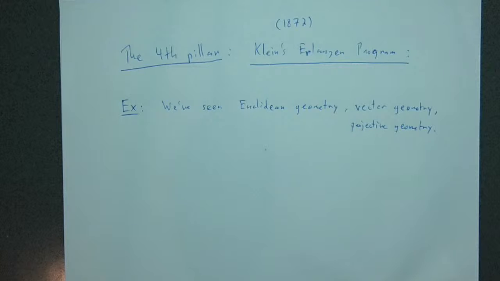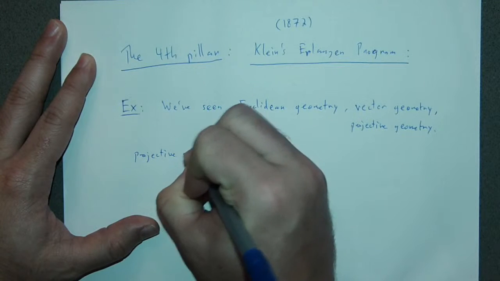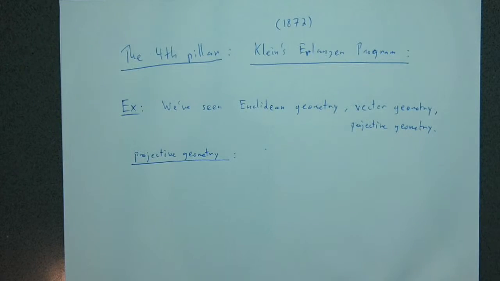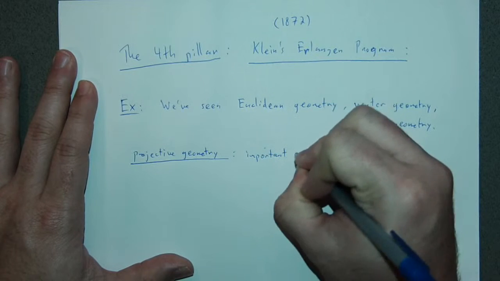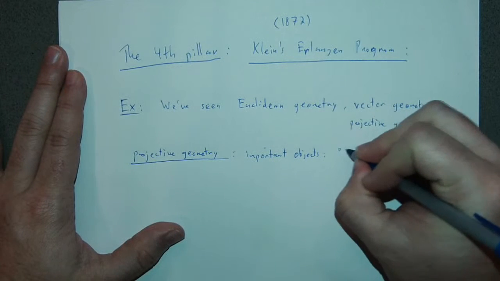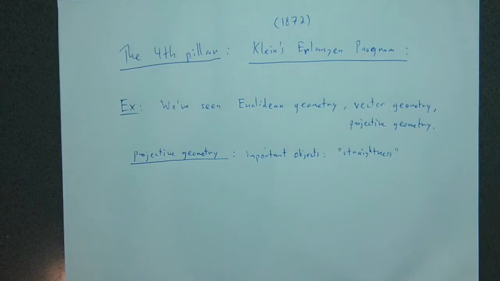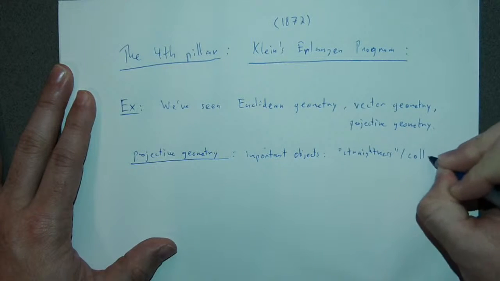Now, without really saying that these are different geometries, the main things we can notice is that for, say, projective geometry, right, what were the important things? So what were the important components? So important objects in projective geometry. Well, the important objects were straightness, which you could also say is collinearity.